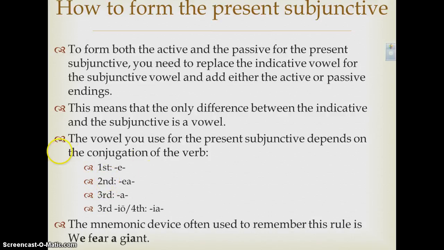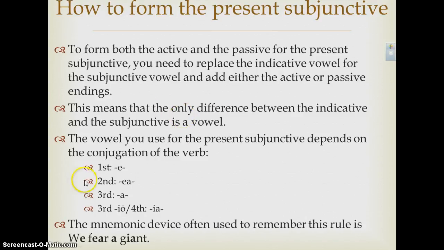For the third, third IO, and fourth, that would essentially be the I, the vowel that tells you you're in the present. So A, E, I are the indicative vowels for first, second, third, third IO, fourth. You replace that vowel with the subjunctive vowel to make the present subjunctive. That means the only difference between the indicative and the subjunctive is a vowel, at least in the present tense.